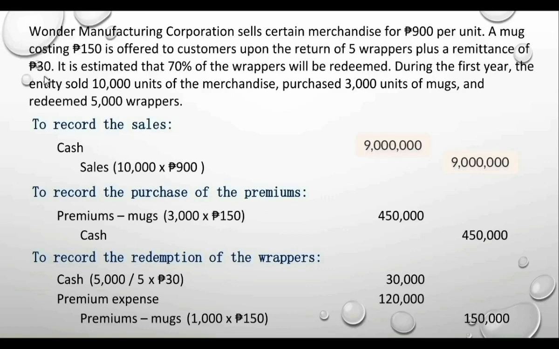That means the net cost of a mug is 120 pesos. That is 150 minus 30. 120 pesos net cost or net expense per mug times 1,000 mugs equals 120,000 debit to premium expense.